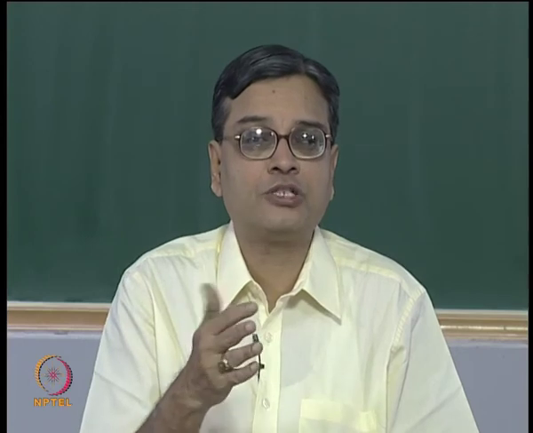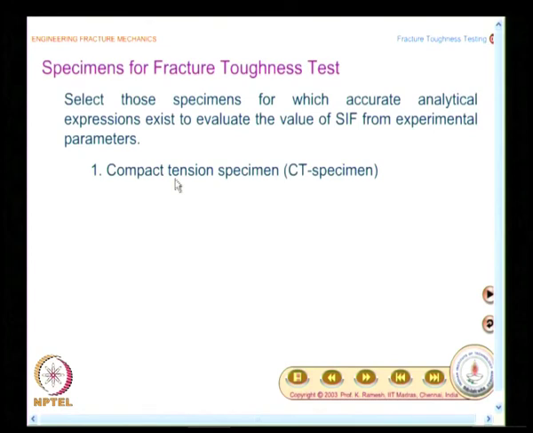So, what people have done is the boundary collocation type of approach, numerically solving these standard geometries and arriving at empirical relations to find the value of K within an error band. All that we will see. You have the compact tension specimen, known as the CT specimen.